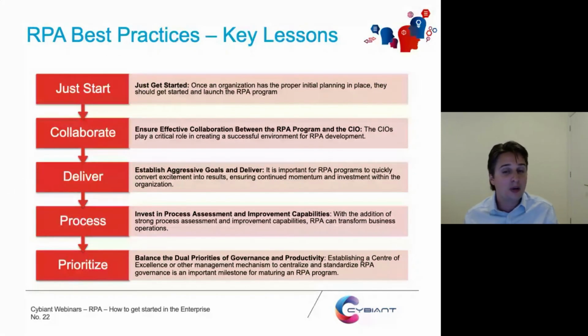Remember that in the end, RPA is software licenses, so they will always have an impact on the underlying IT environment. The third key practice lesson is to establish aggressive goals and deliver. In order to showcase what RPA can do, it's almost always better to build an actual use case and to showcase that towards the rest of the organization.